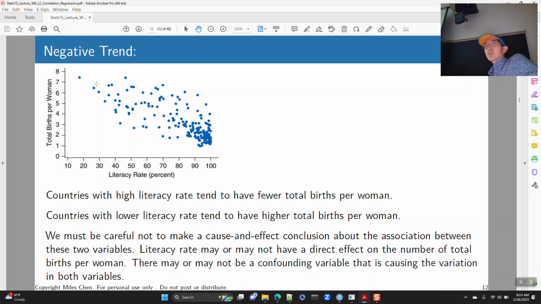We have to be really careful when you see correlations and things like that. You have to be careful about assigning cause and effect, right? Sometimes we want to jump to a conclusion and say, okay, when people learn how to read, then they're less likely to have babies or something like that. It's not necessarily that one thing is causing the other, or that the reverse would be silly too.